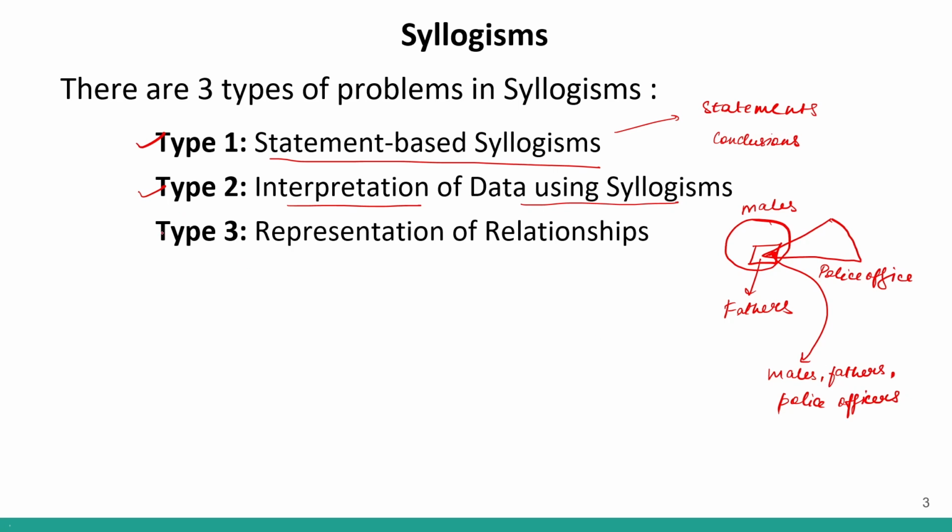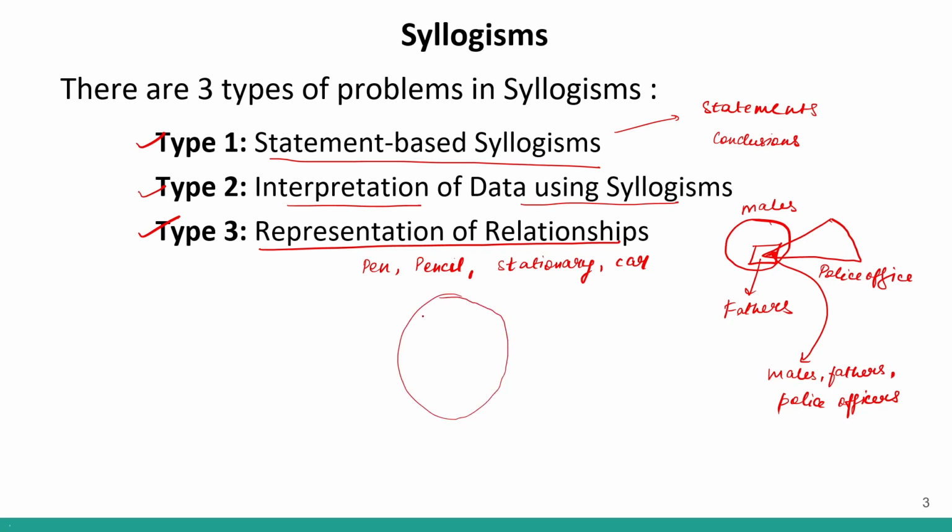Then we have type 3, that is representation of relationships. What do you mean by that? For example, I have to showcase the relationship between a pen, pencil, stationery and a car. There are four objects. So basically stationery will be the bigger circle, correct?